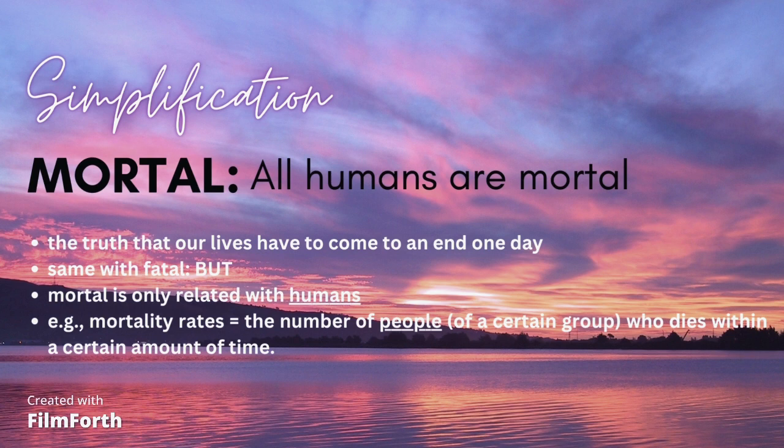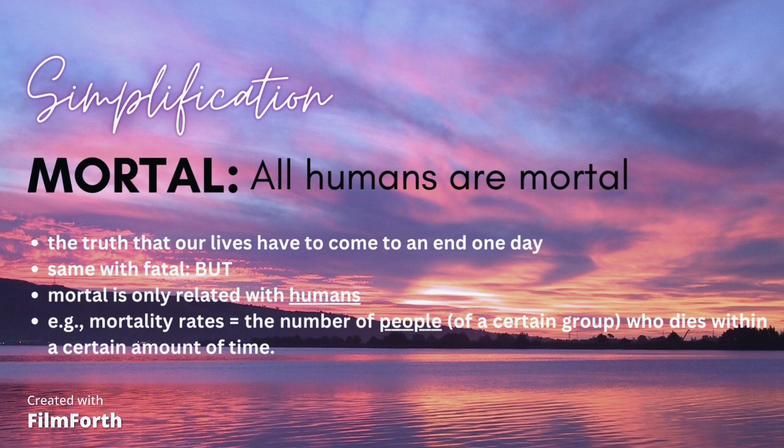And mortal, when you use it as an adjective in front of other nouns, kind of means the same as fatal. The only difference here is the victim. The victim here is only going to be humans, unlike fatal, which can also cause animals to die. So that is also one of the key differences between these words.